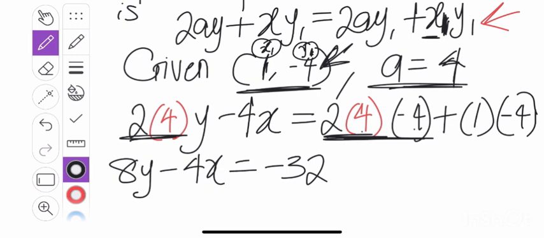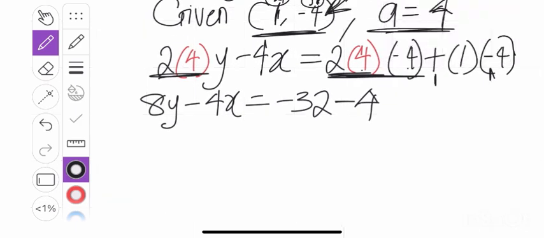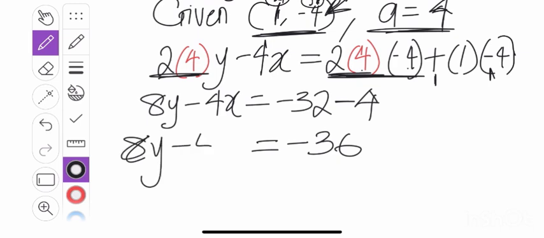Then we're also going to have minus 4, because 1 times minus 4 will give us negative 4. So now the right hand side will be negative 36. So I have 8y minus 4x equals negative 36.